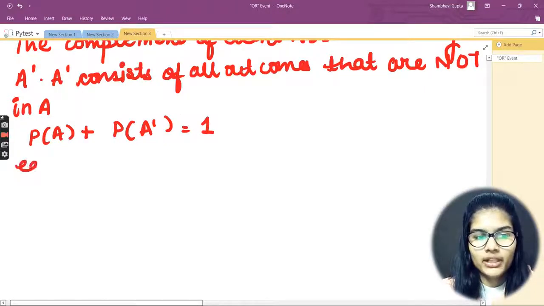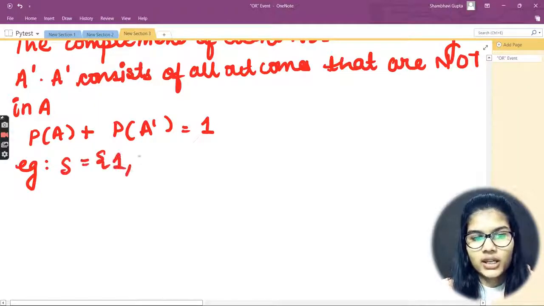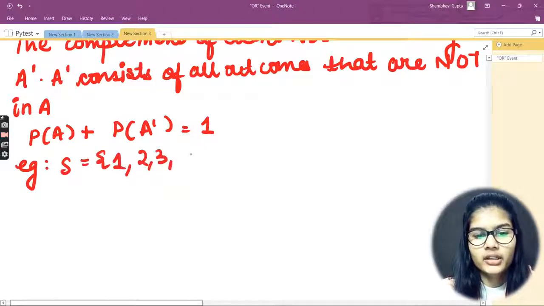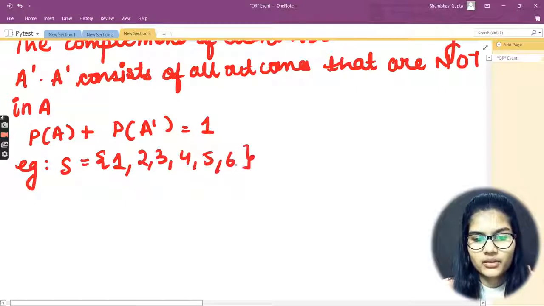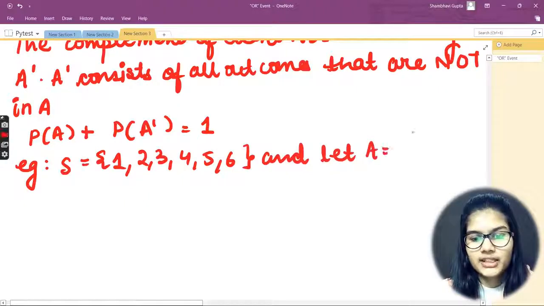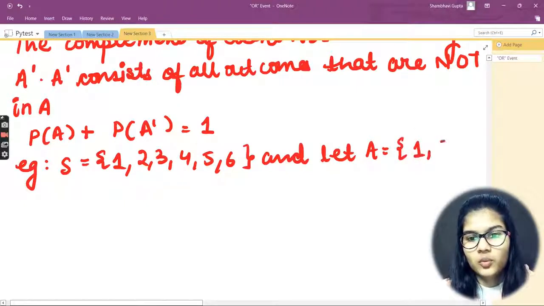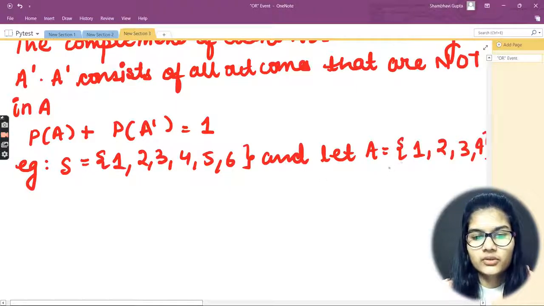Now if I take an example here, let's say I have a sample space 1, 2, 3, 4, 5 and 6. Let's say this is my sample space, and let A be equal to 1, 2, 3 and 4.